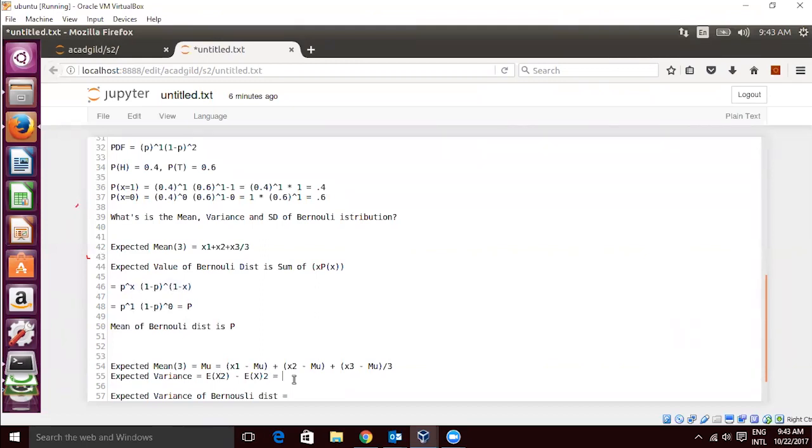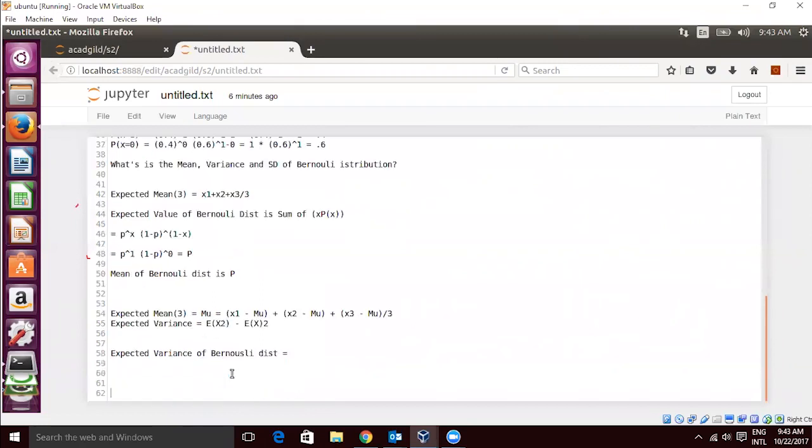So E of x square is equal to this formula. Now just apply the values here: p to the power of 1 into 1 minus p to the power of 0 is equal to p again. So E of x square is p.